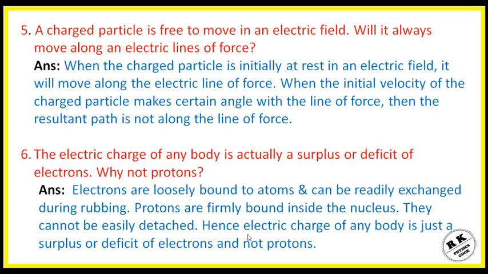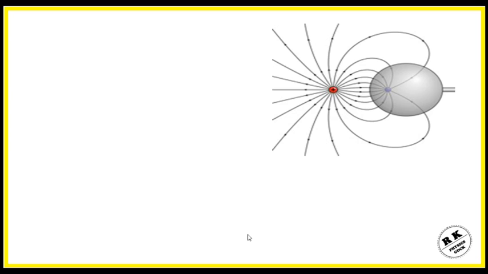It is very difficult to remove or add a proton. It will become a nuclear reaction if we try to remove or add a proton to any other atom. So, in the case of electric charge, we consider only either surplus or deficit of electrons.